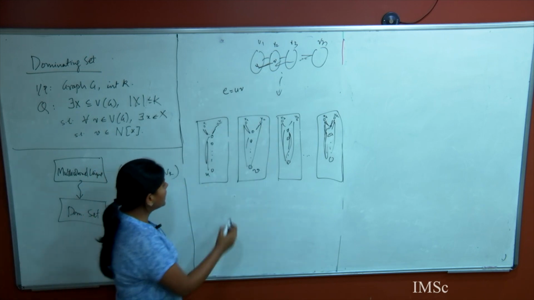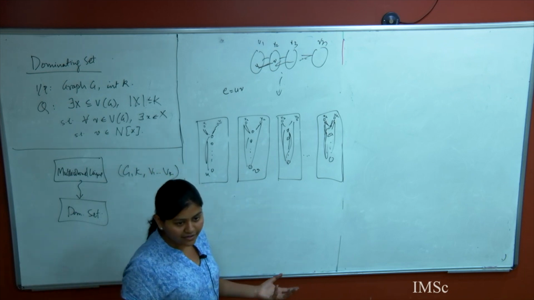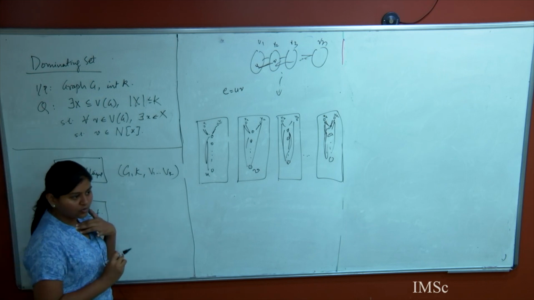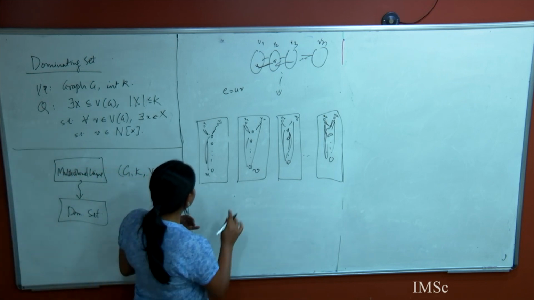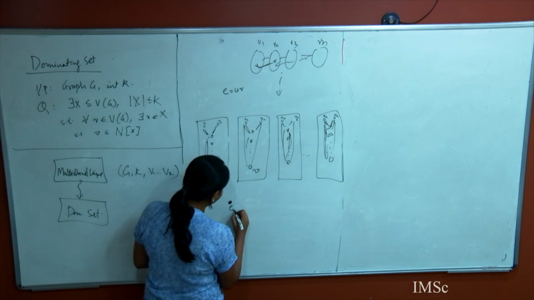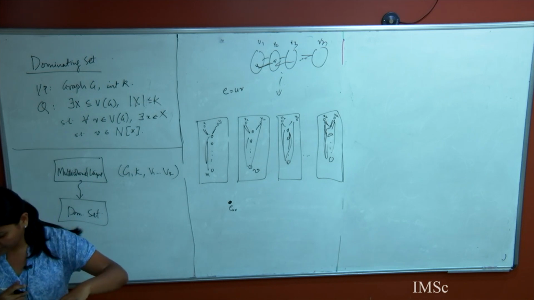Okay, but then directly adding this edge is useless, right? What is the point of adding this edge? So we have to do something more to encode this. For that, what we do is we add a new vertex, say e_uv. So for every edge we do that. Let me use a different letter.